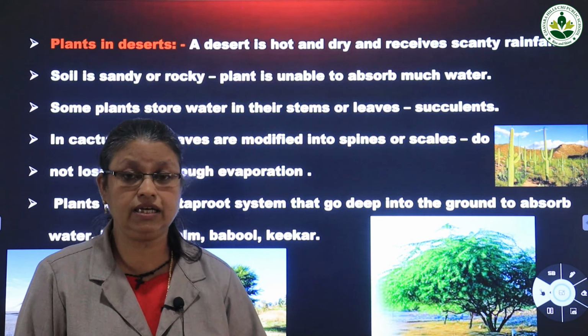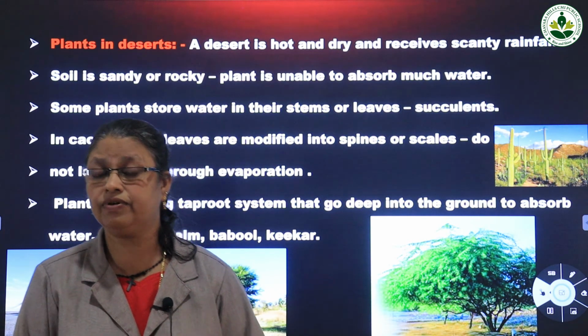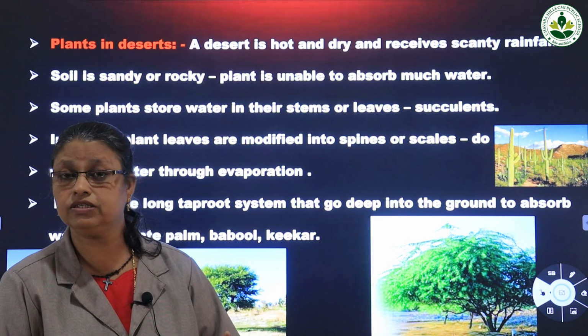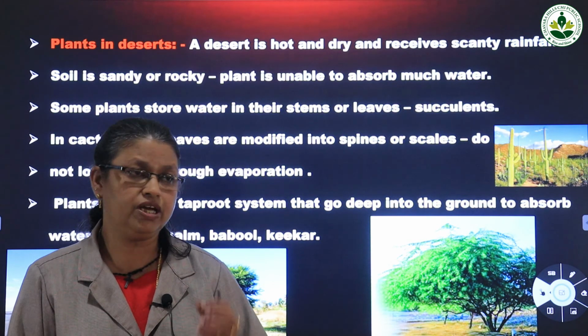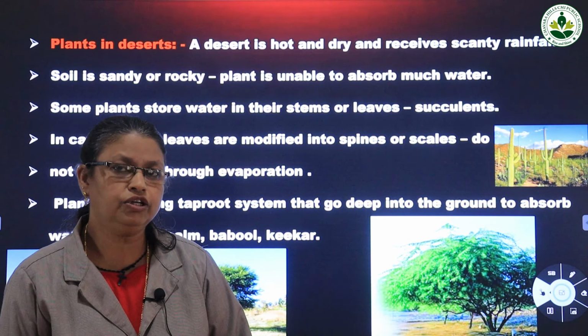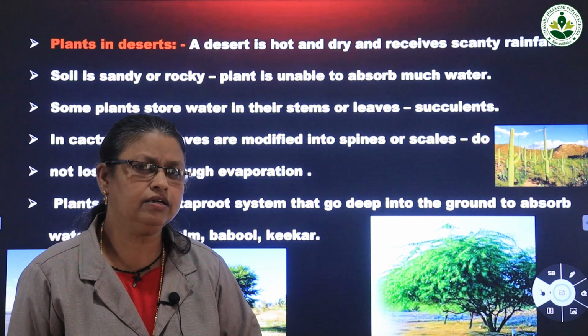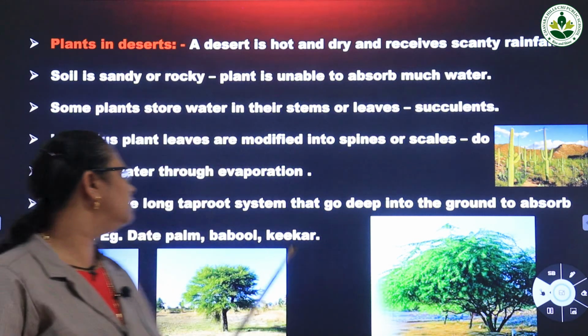Examples: cacti, babool, kikar. Babool is a medicinal plant. From it toothpaste is made and it is used for the treatment of diarrhea, tonsillitis, etc. And from the kikar also toothpaste is made and it is used for making gums and all. Those are desert plants. Okay.